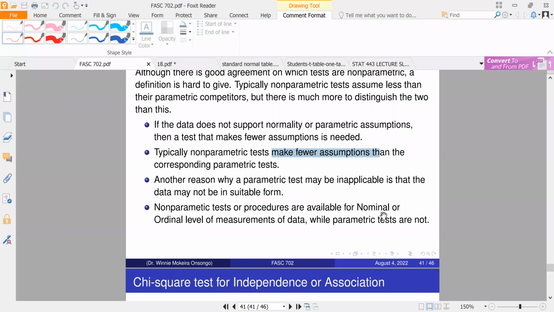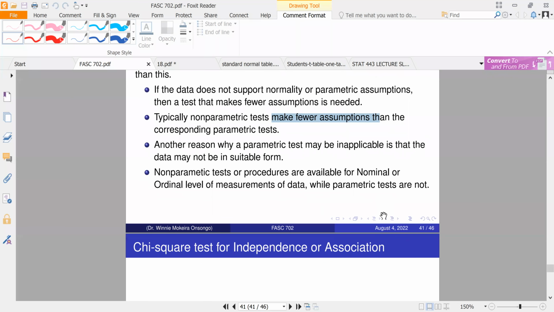Also remember, if your data is of nominal form or ordinal form, then you write off parametric tests and go for non-parametric tests.